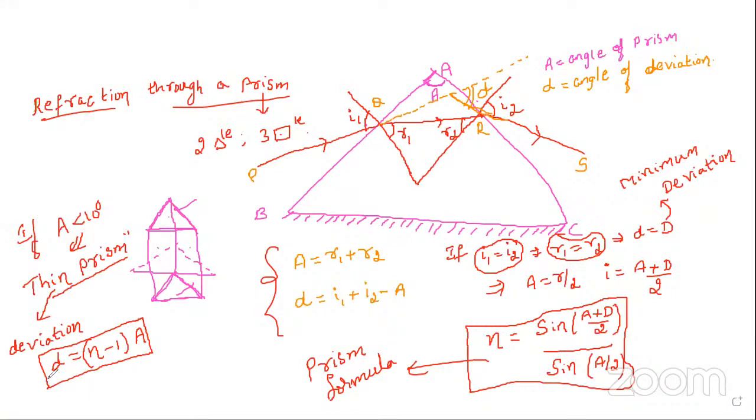So what is the deviation formula for the thin prism? D is equal to (n minus 1) into A. Got it? Yes, sir.